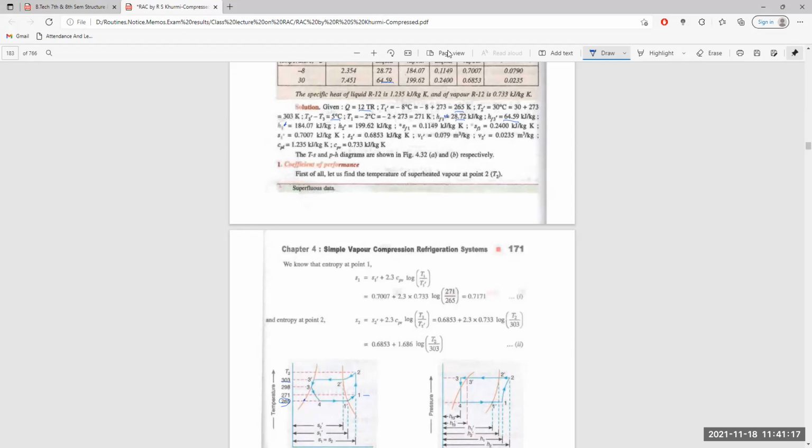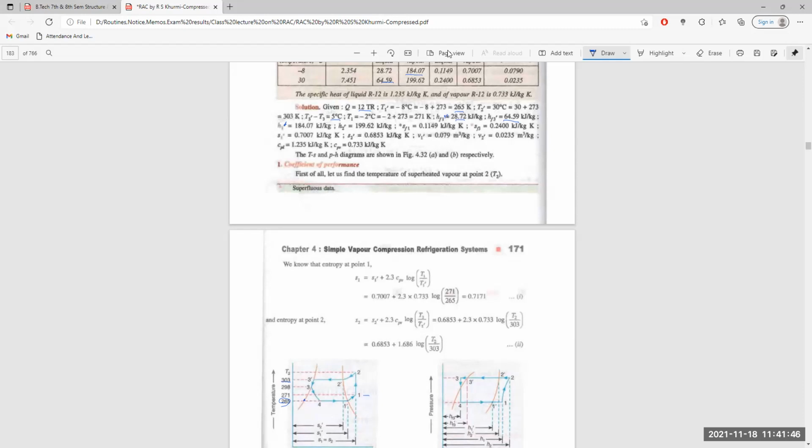The problem uses the enthalpy at H1 dash as well as H1 itself, the enthalpy at the vapor stage at -8 degrees centigrade.